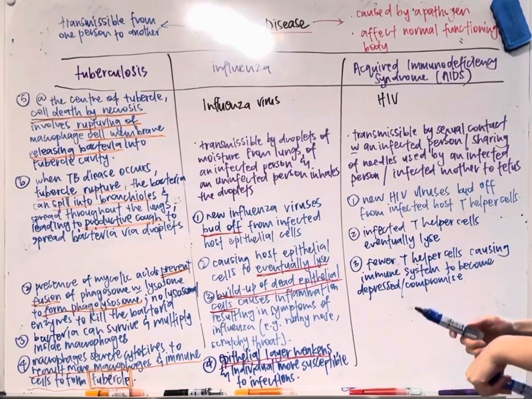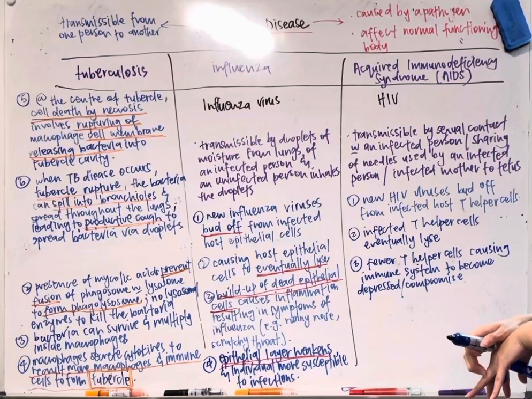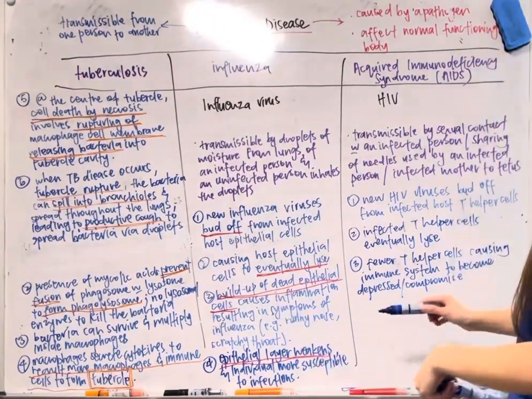So when it becomes compromised, you should know already, you are more susceptible to opportunistic infections, that can eventually lead to death if your infections become unmanageable.